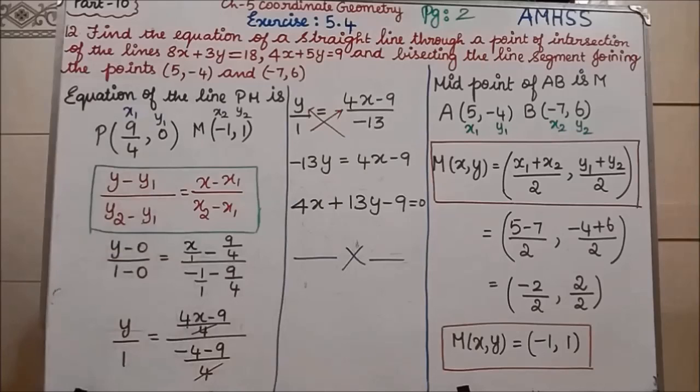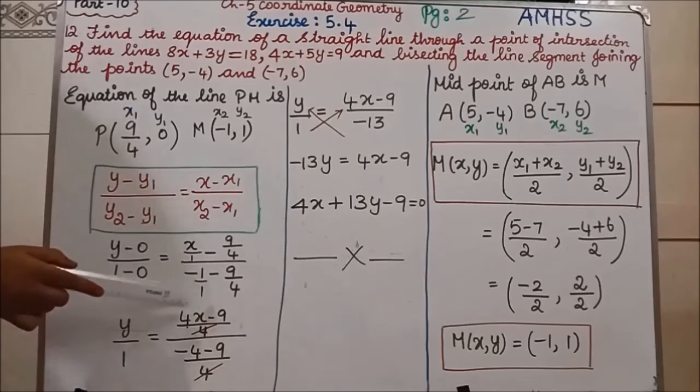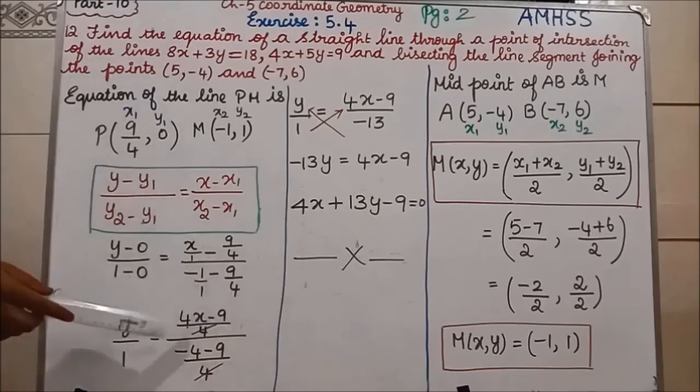Here all of you are doing the cross multiplication. Next, similarly in the denominator I am doing cross multiplication: 4 into −1 is −4, 1 into −9 is −9, divided by 1 4s are 4. In this denominator also we are having 4, in this denominator also we are having 4, so we can cancel the 4.